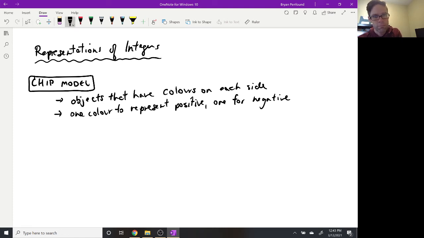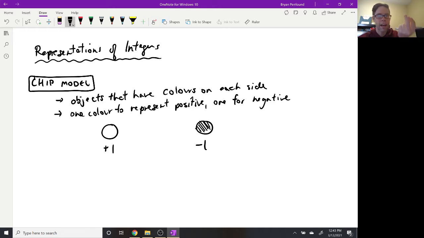So let's say, for the sake of argument, I'm going to use white and black. White is going to represent a +1, and black is going to represent a -1.